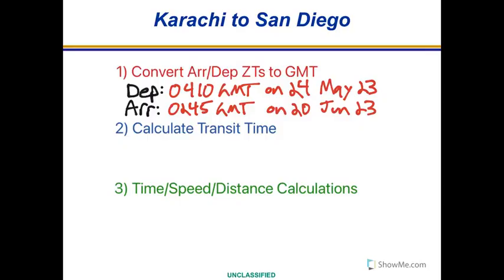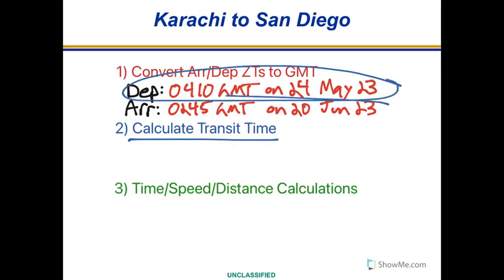In our next video, we're going to calculate the transit time, which means we're going to take this departure and this arrival, and figure out how much time it's going to take from our departure to our arrival. We'll start with days, hours, and minutes, and then we'll convert that into hours.